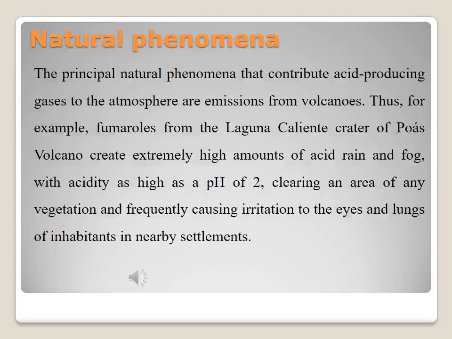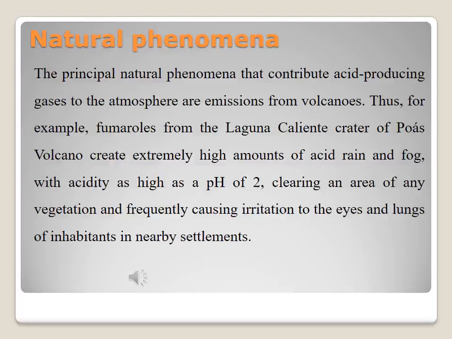Now let's look at the natural phenomena of acid rain. The principal natural phenomena that contribute acid-producing gases to the atmosphere are emissions from volcanoes.